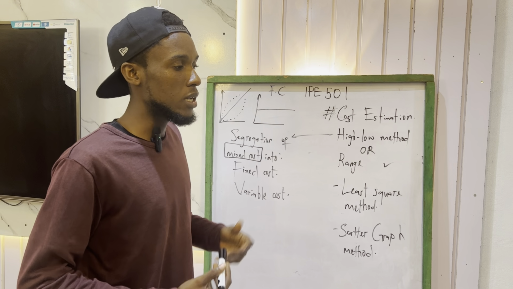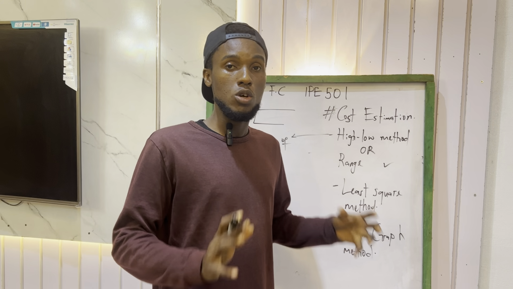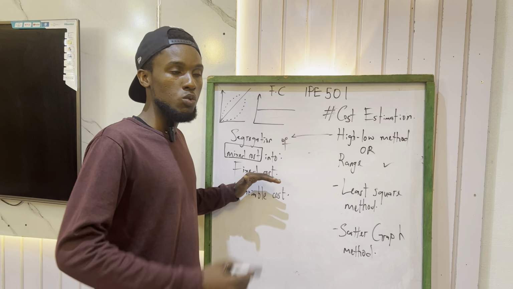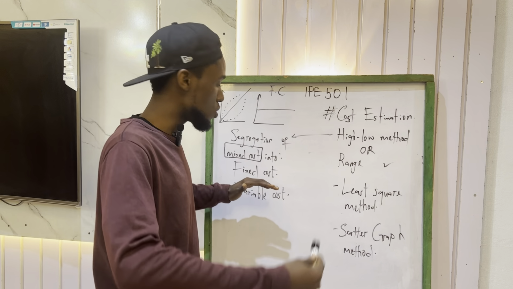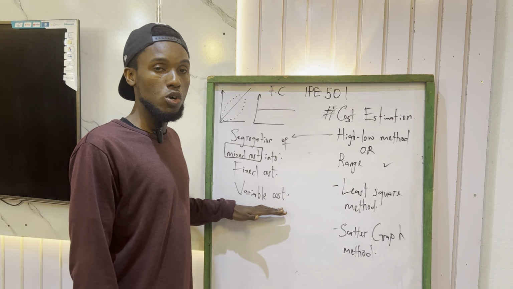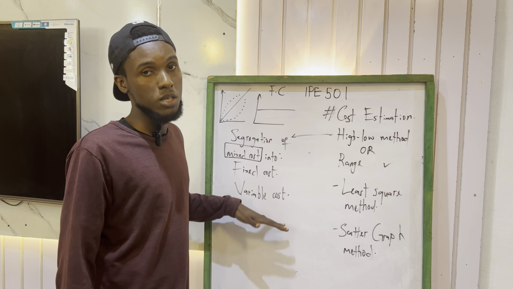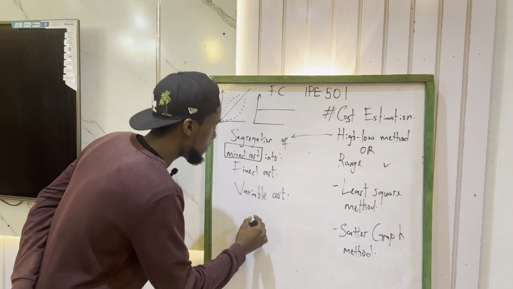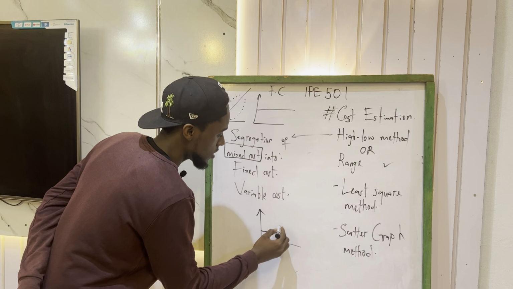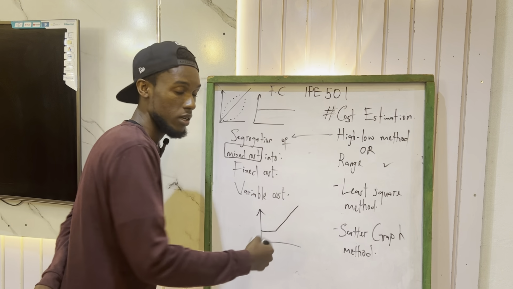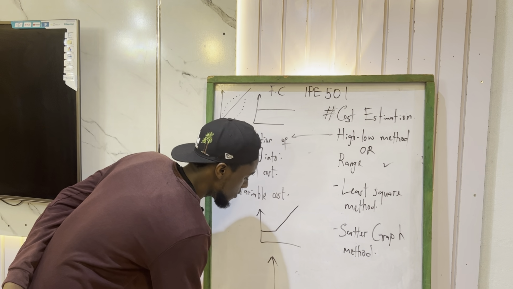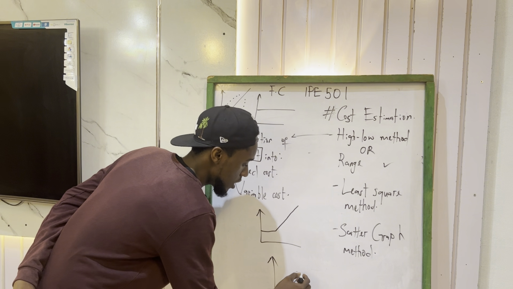How does that happen? It can be a cost associated with a cost object such that at an initial stage it is fixed, then with more use it begins to fluctuate, or at the initial stage it fluctuates, then with more use it becomes fixed. Either way, that is what we mean by mixed cost. So you can draw the graph this way: fixed initially, then started varying, if it's a linear variable graph we are talking about, or variable initially, then becoming fixed.